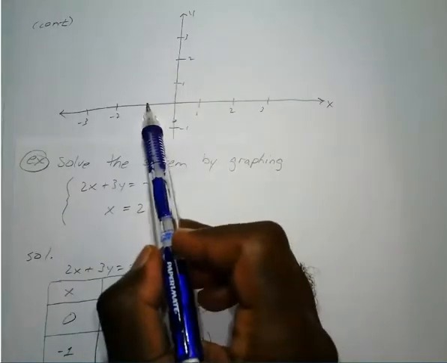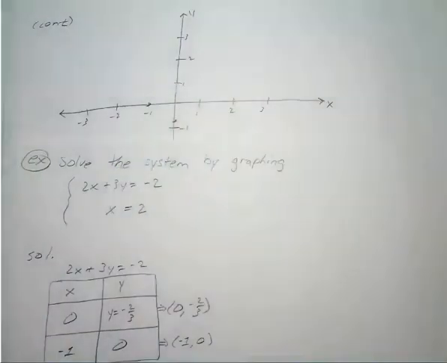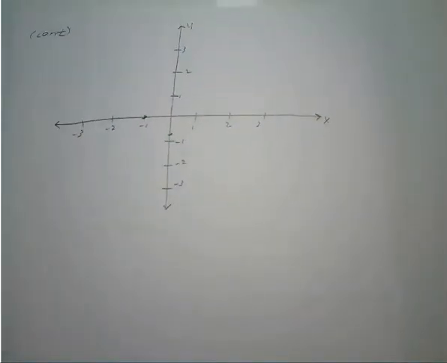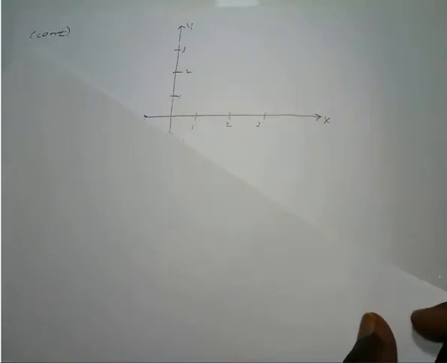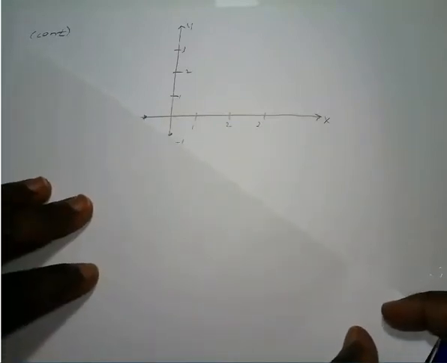So when x is -1, y is 0, -1, 0 is about right there. Okay, so if we go ahead and get our straight edge, again using a ruler or whatever the case may be.